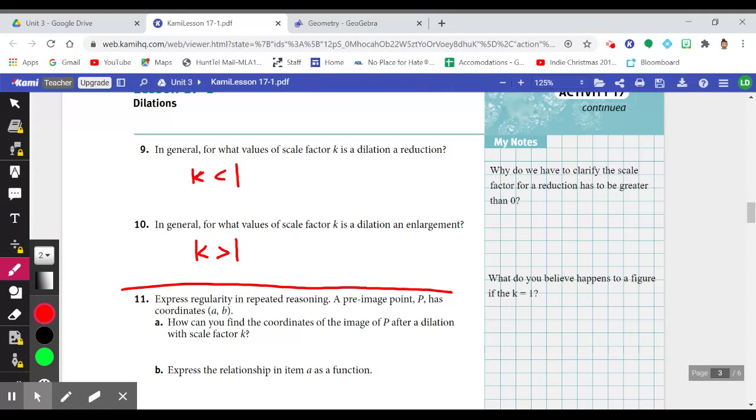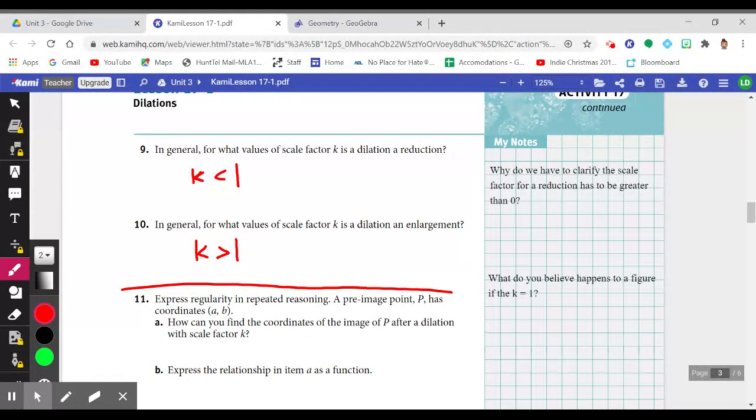But think about what could happen if K was 0. If you multiply anything times 0, it's 0. So in other words, if we multiplied it by 0, it would positively disappear, right? Multiplying by 0 becomes nothing. So I wrote this note over here. Why do we have to clarify the scale factor for reduction has to be greater than 0?